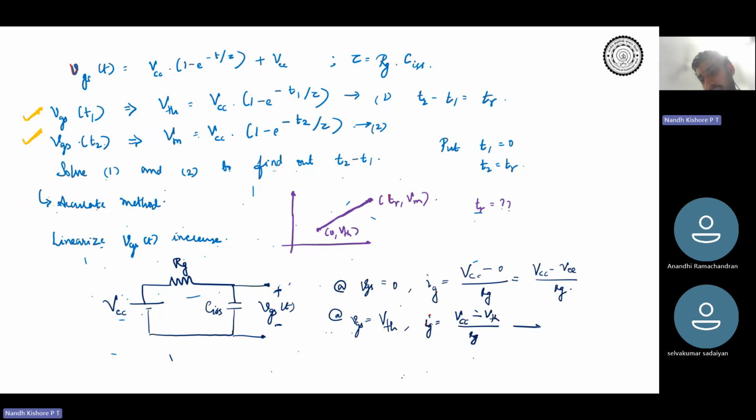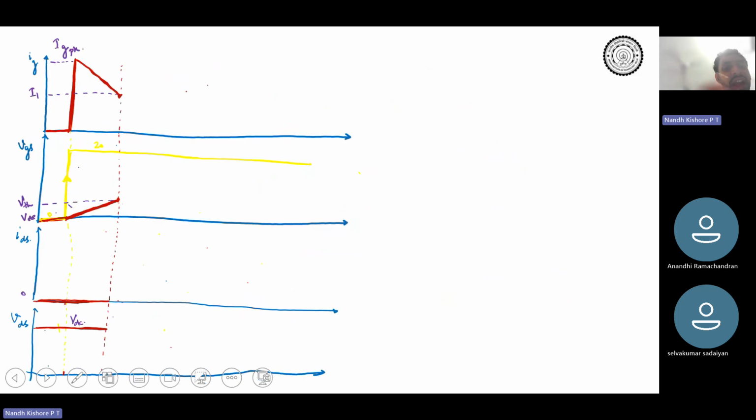This is what we called I1. Do you agree with this? What is I1? I1 is basically VCC minus V threshold by RG. Simple, right? I1 is known because they have given the threshold voltage of the device.